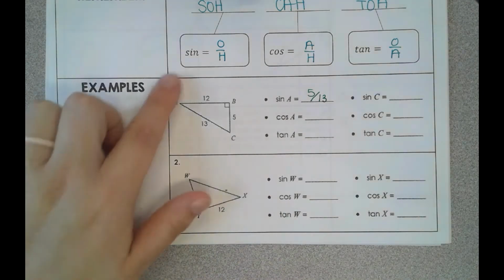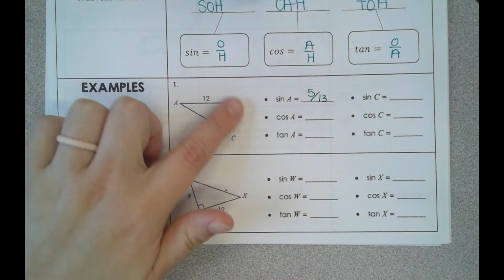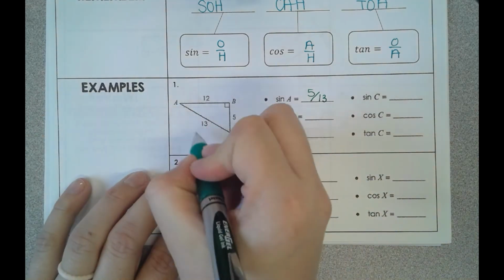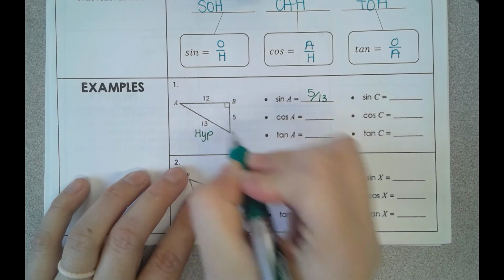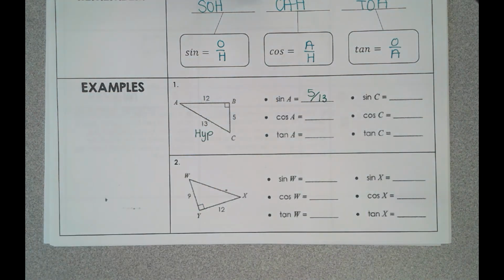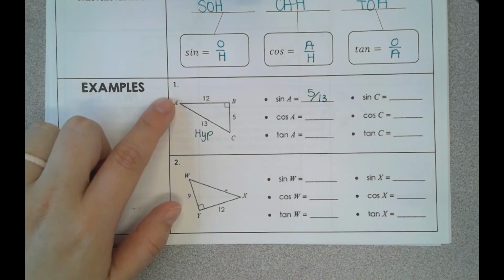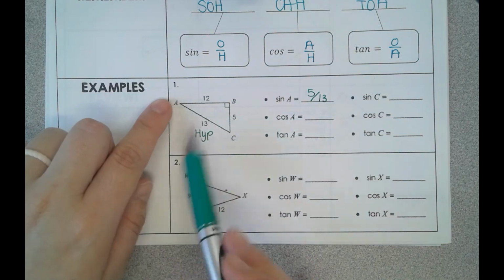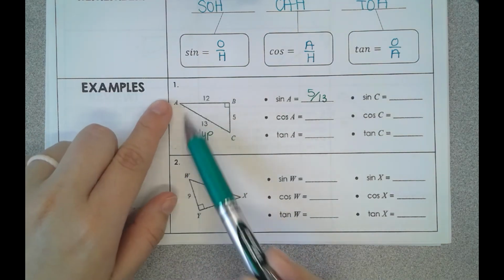You can't really label these sides because we're starting with A, but we're also doing C. This one is always the hypotenuse, but the other two will flip-flop. So don't label them with O, A, and H. All right, cosine of A. Cosine is A over H. So if 5 is the opposite, 12 has to be my adjacent.